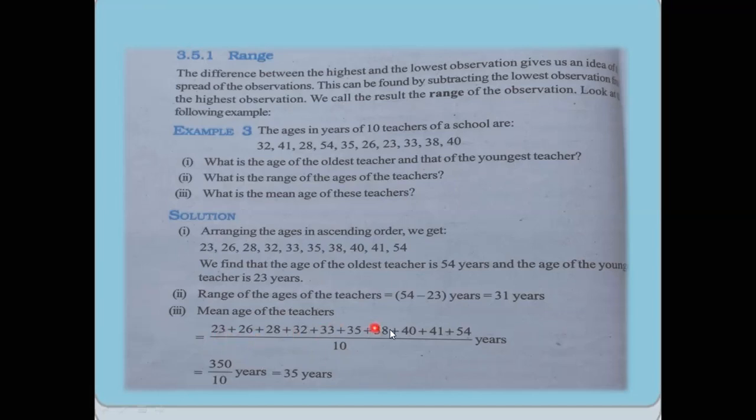Adding all the ages, you get 350, divided by 10. 350 divided by 10 is 35 years. So the mean age of the teachers is 35 years. Now you know how to find the mean and the range. Mean is the sum of the observations divided by the total number of observations. Range means highest minus lowest.